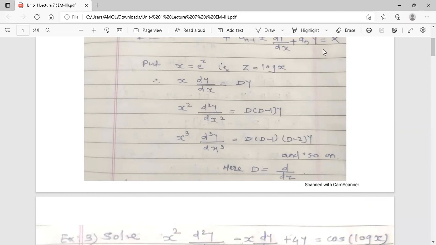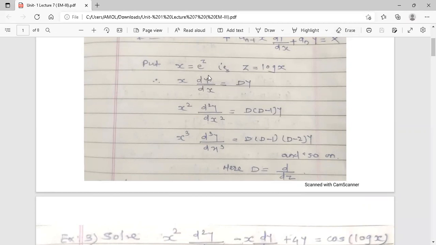So the function of x present in the RHS will be converted in terms of z, because we are using the substitution x is equal to e raised to z.